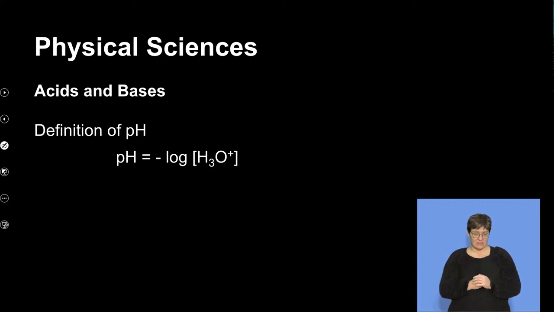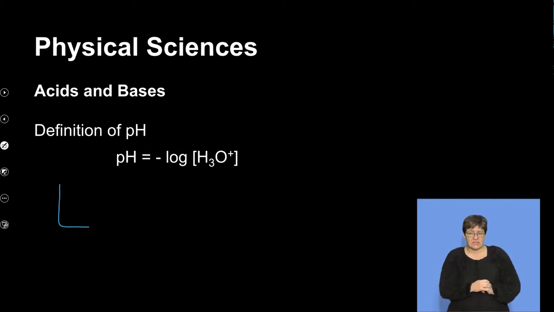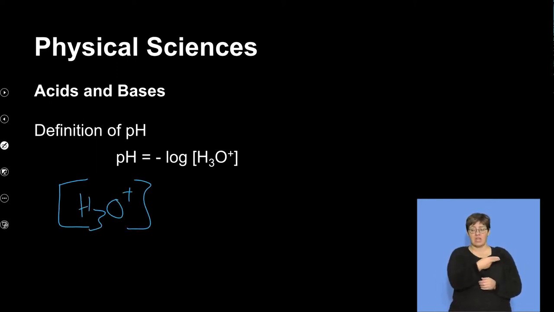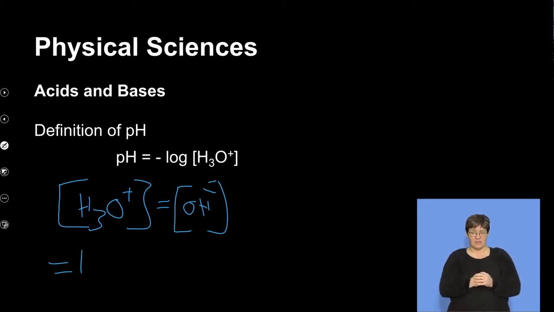And this gives us an opportunity to define what pH is. In fact, pH is just a log equation of what we've just seen of the Kw. All we're saying is that at a neutral situation, the hydrogen ion concentration is equal to the hydroxide ion concentration, and that means that this will be equal to 1 times 10 to the minus 7.